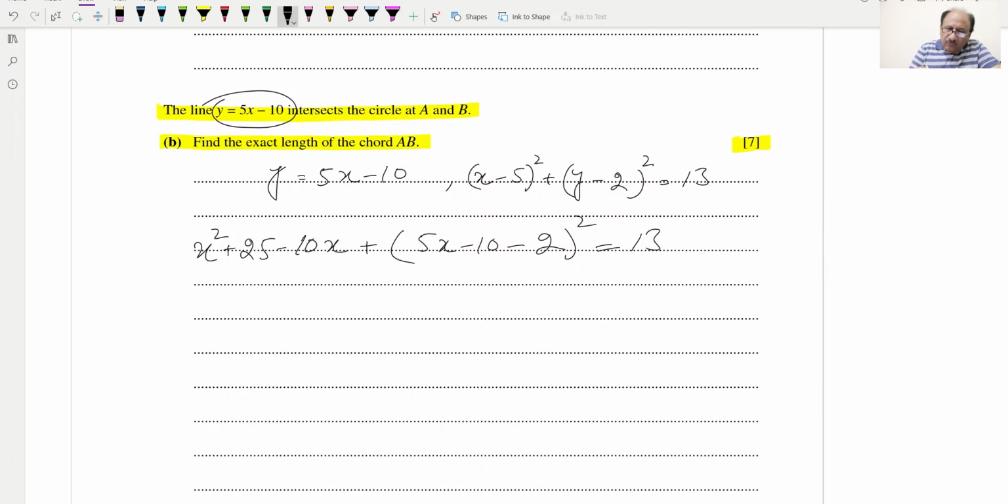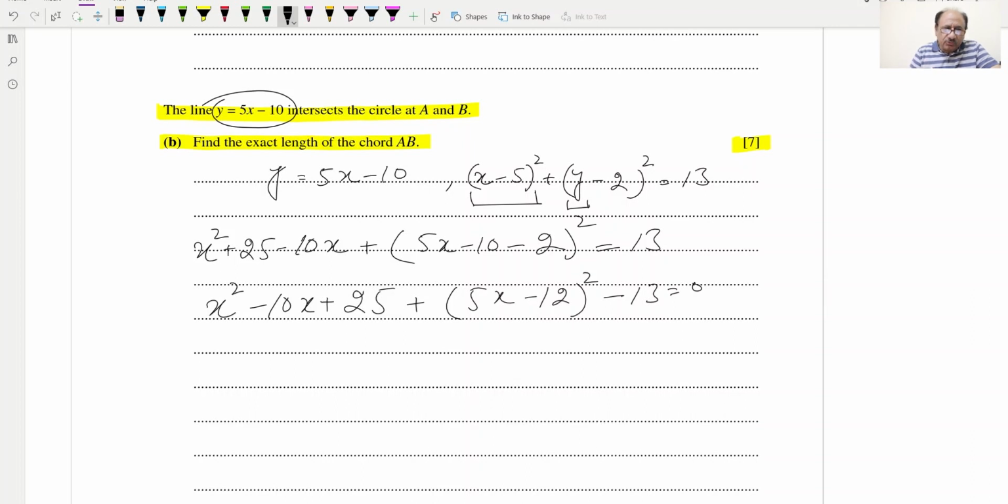What we have done, we have opened this part and replaced the value of y, and we got this step. Now we can simplify this and rewrite x squared minus 10x plus 25, plus (5x minus 12) squared, minus 13 is equal to 0.